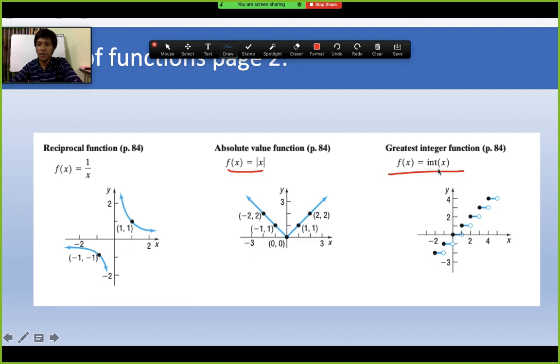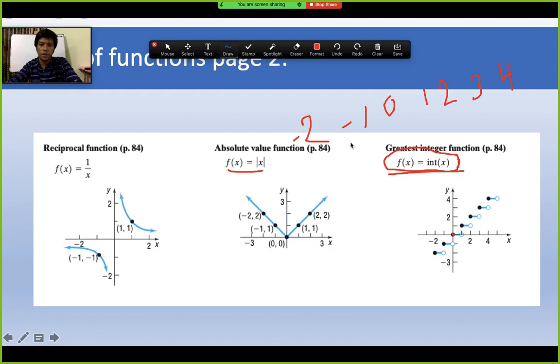f(x) equals the integer value of x. Integer means 0, 1, 2, 3, 4, -1, -2.